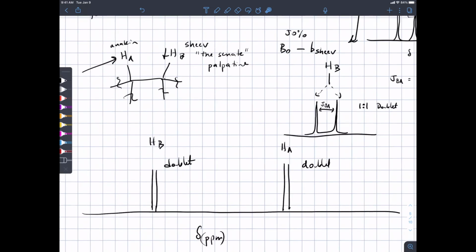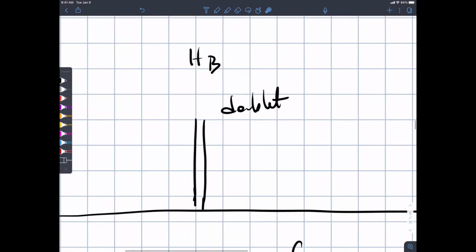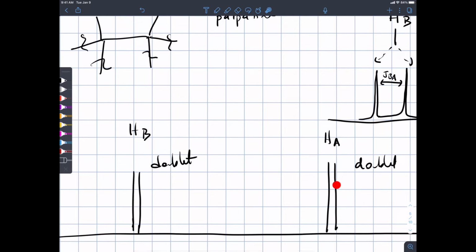Similarly, if I look at proton B, it's a one-to-one doublet. That means proton B is adjacent to one and only one other proton. And if I measured this splitting difference, and this one was identical to this one, I'd have a good case to say that proton B and proton A are adjacent to each other. So it wouldn't split if it was next to other groups?